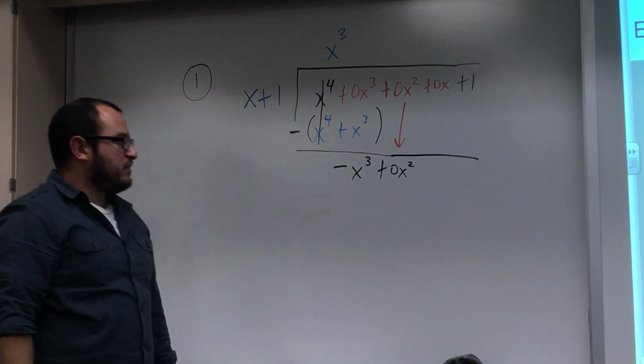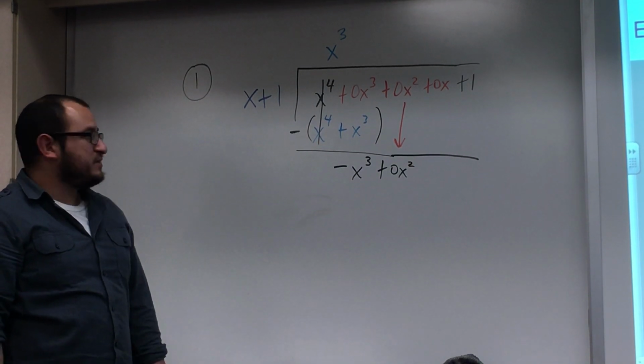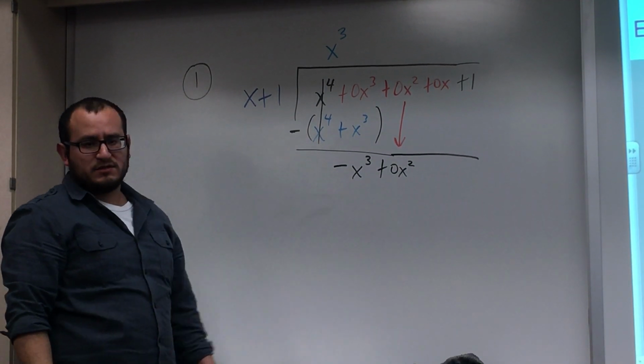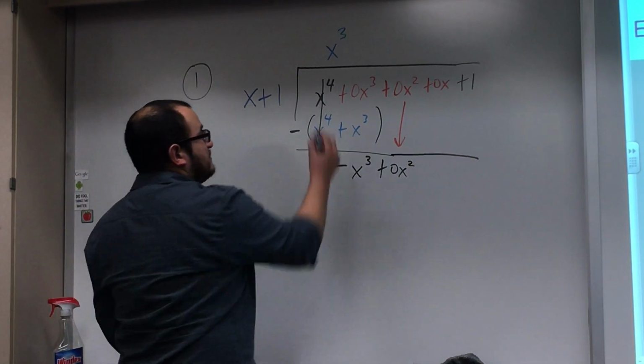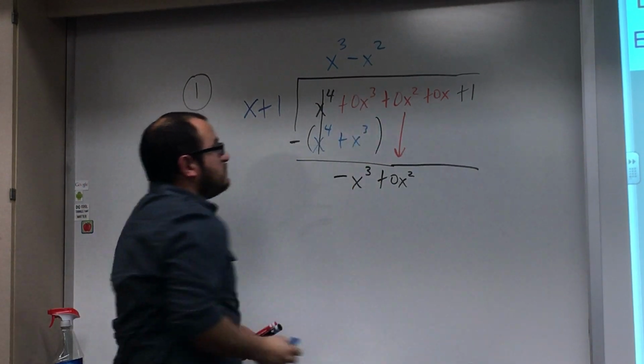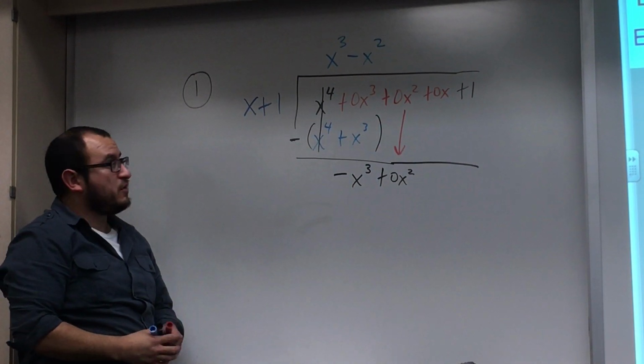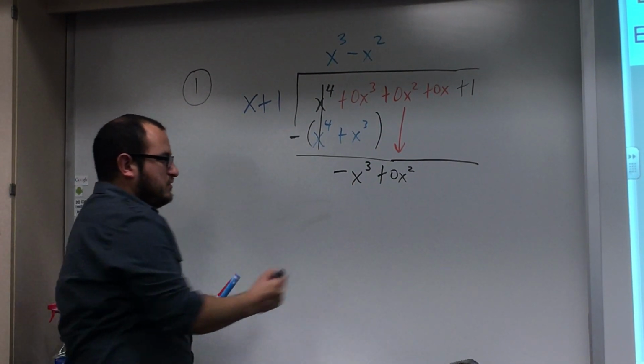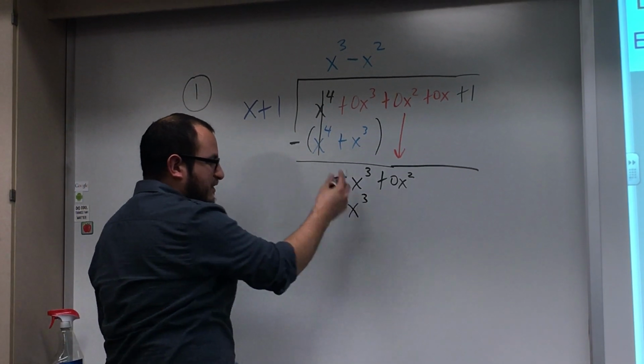We have 0x squared and negative x cubed. So you ask yourself, how do you get x to become negative x cubed? Okay, so that is negative x squared. So negative x squared times x is negative x cubed, which is what you want. These two have to be exactly the same.